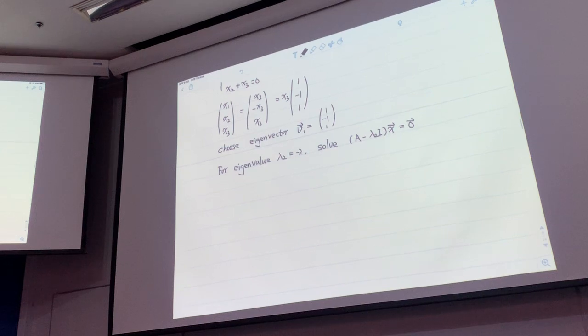Okay, so we have 2 plus 2, 4, 3, 0; negative 4, negative 6 plus 2, negative 3, 0; 3, 3, 1 plus 2, 0. So this is equal to 4, 4, 3, 0; negative 4, negative 4, negative 3, 0; 3, 3, 3, 0.